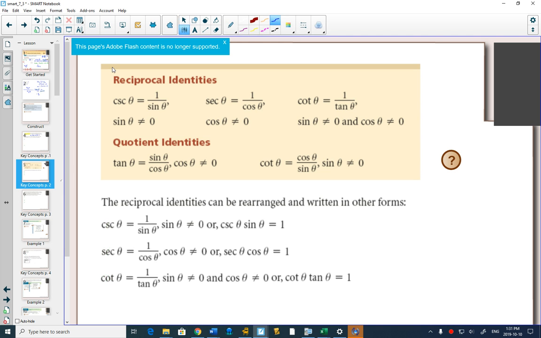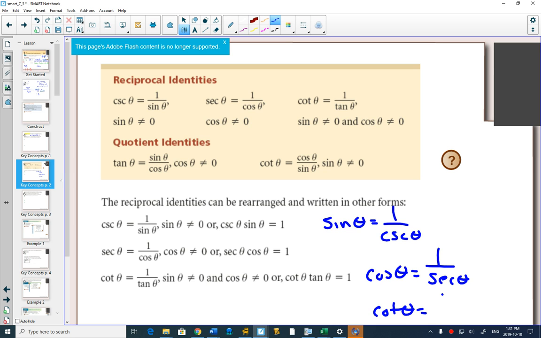If you rearrange these as well, you could also write that sine of theta is 1 over cosecant of theta, that cos of theta is 1 over secant theta, and that cotangent of theta is 1 over tangent of theta.